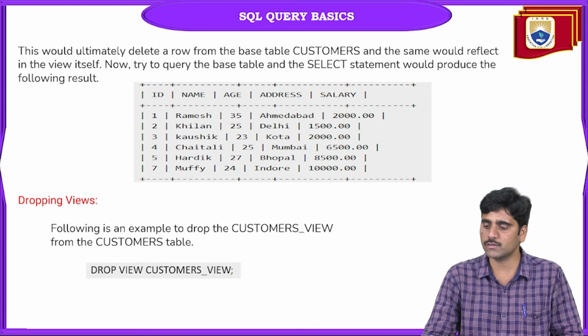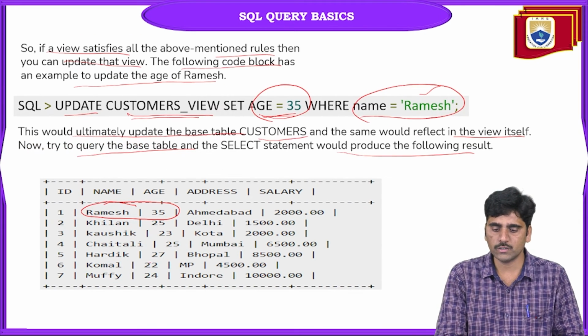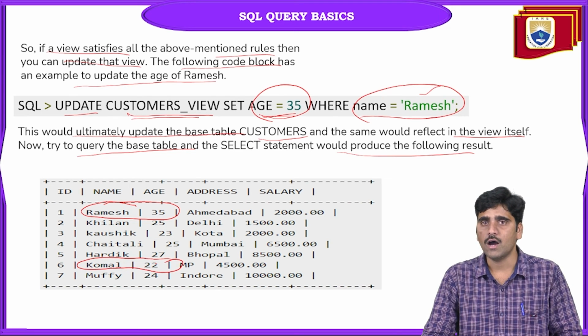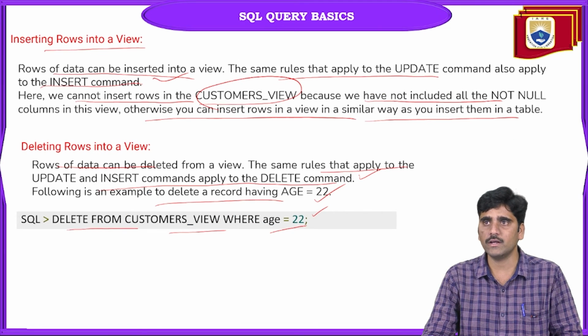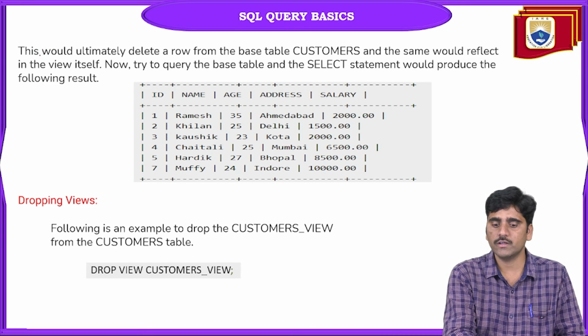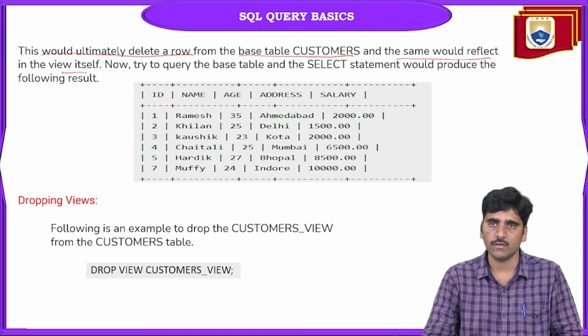In the previous values, see, this 22 is for what? Komal. So after taking this step, deleting rows from the view, it is going to be deleted. This would ultimately delete a row from the base table customers, and the same would be reflected in the view itself.